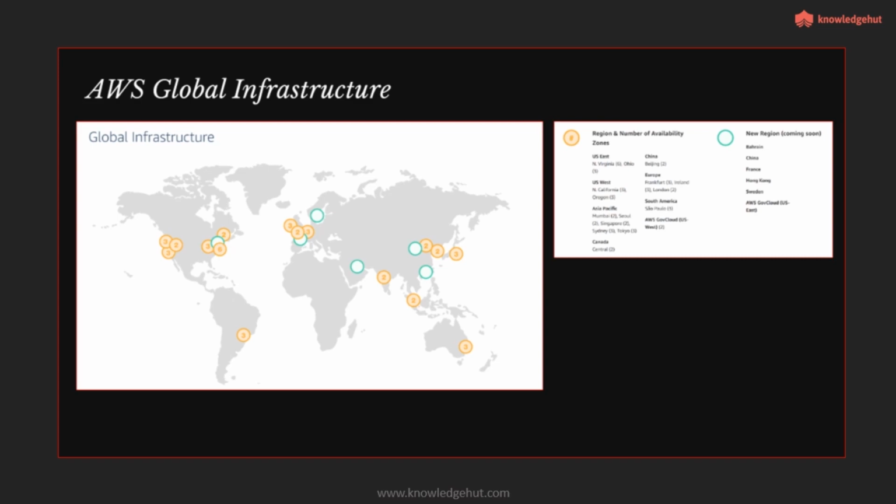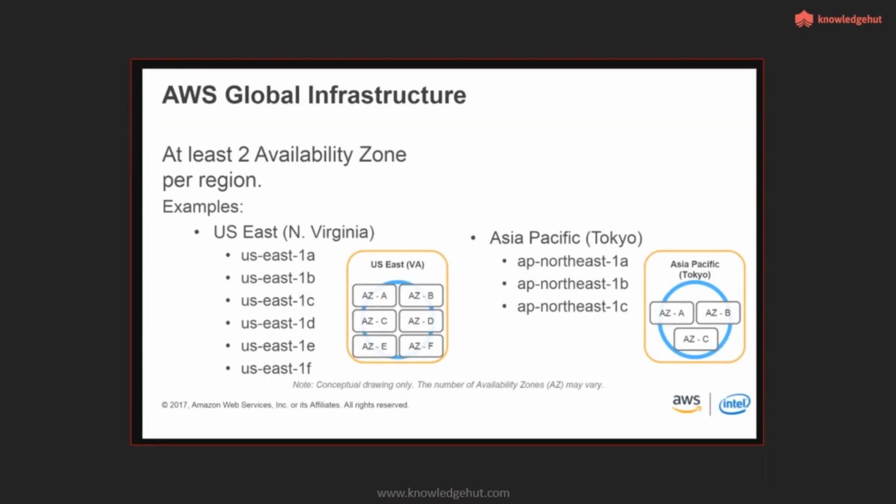But AWS has regions, and other than regions, it also has what we call availability zones. So within each region, we have different data centers, and these data centers are typically referred to as availability zones by AWS.